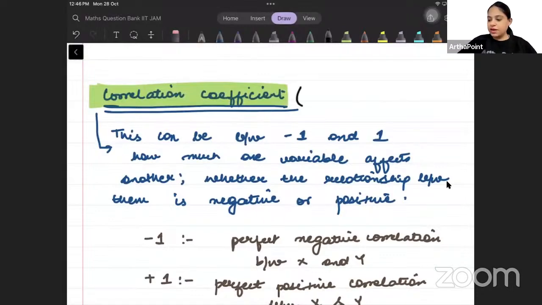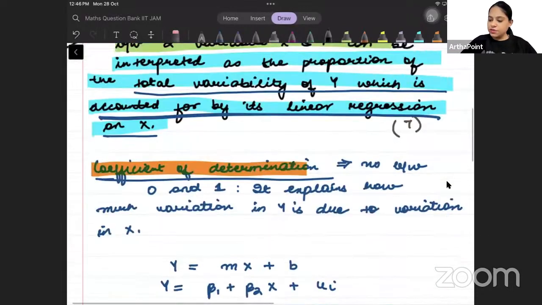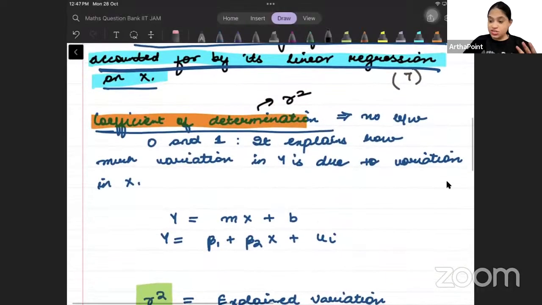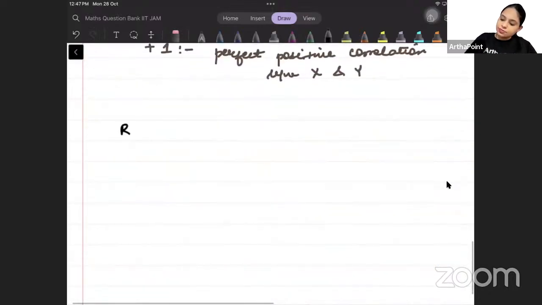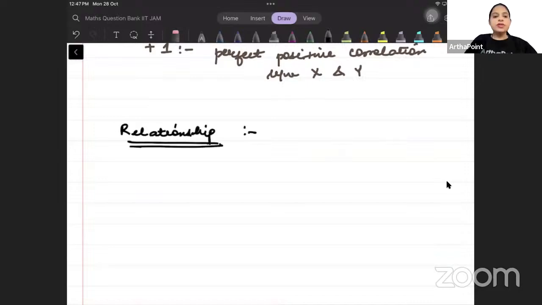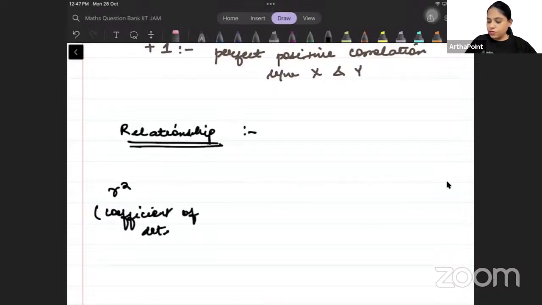So this is given by r, this is given by r square, right? The interpretation is different if you just saw, but the relationship is that r square, which is coefficient of determination, right?